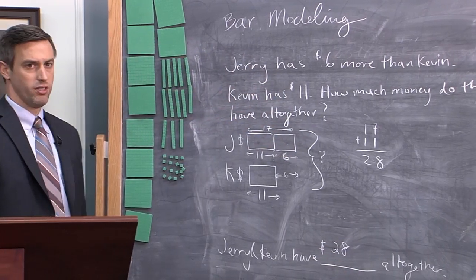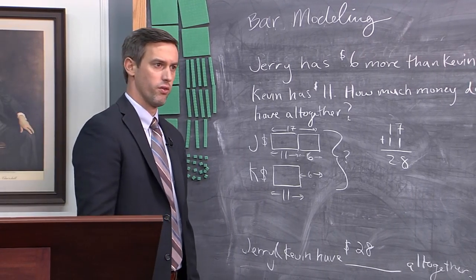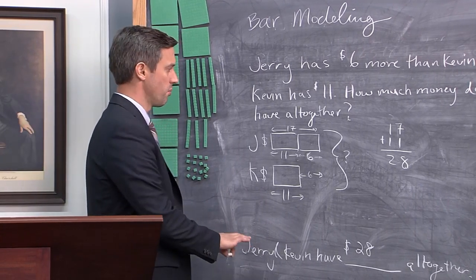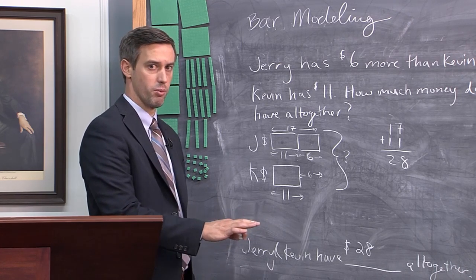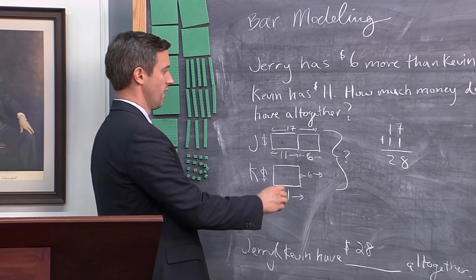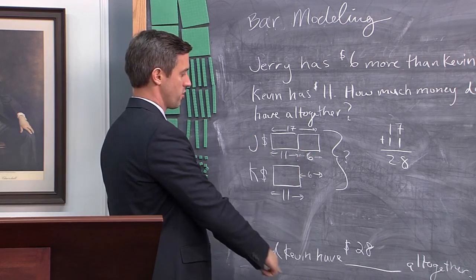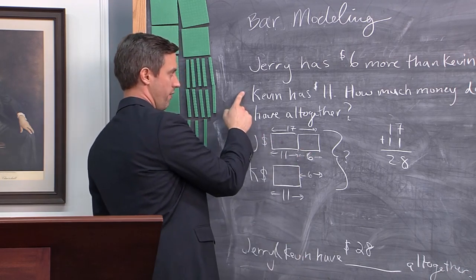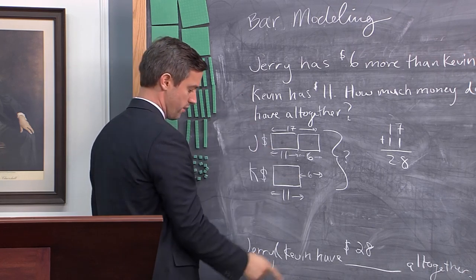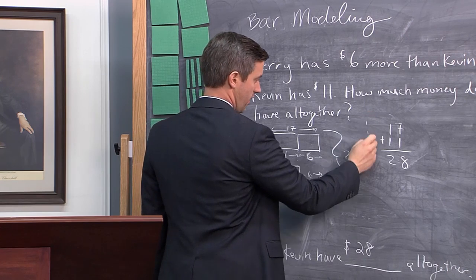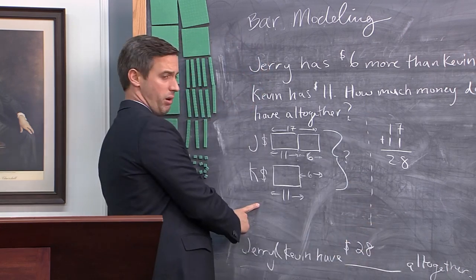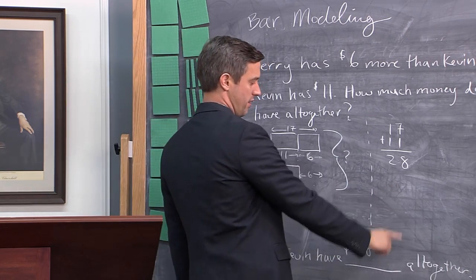Another thing I should mention, and I'll give credit where credit's due, Dr. Kevin Mahoney, who has been doing Singapore math for many years, has created this structure where you have the question, you have the answer sentence, and then you have kind of a break between the bar model and the arithmetic.